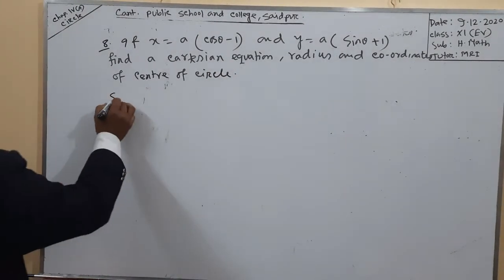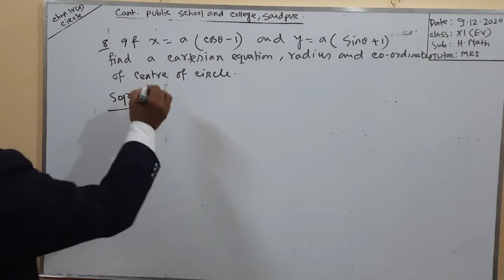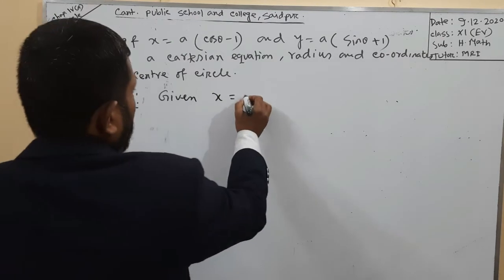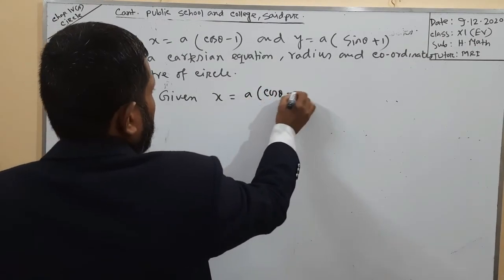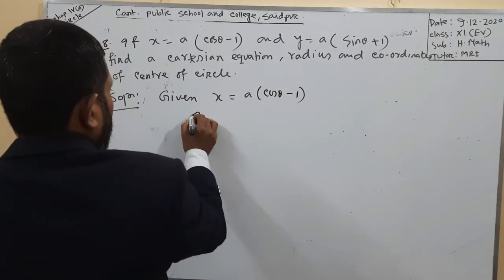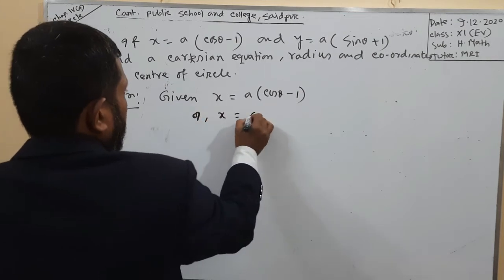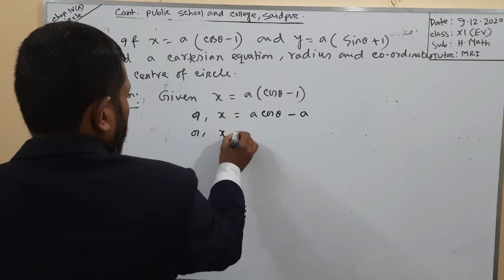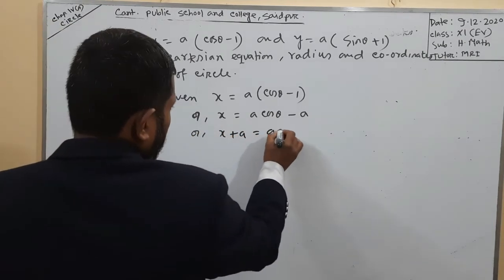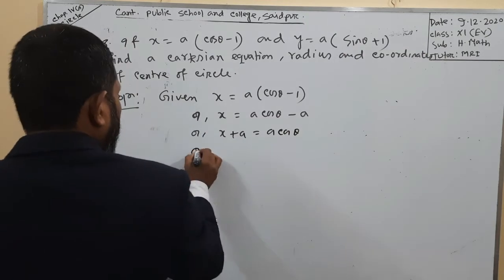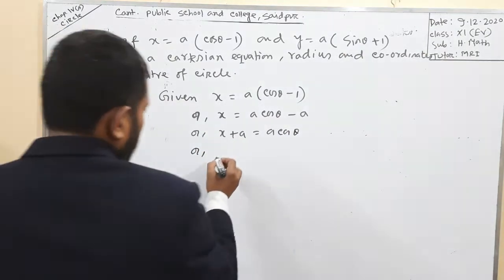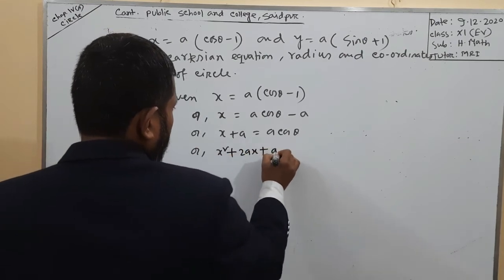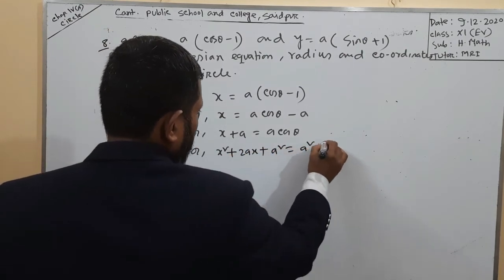Okay, given here x is equal to A cos theta minus 1, or x is equal to A cos theta minus A. Therefore x plus A will be A cos theta. If we square both sides, then we get x square plus twice ax plus a square equals a square cos square theta.